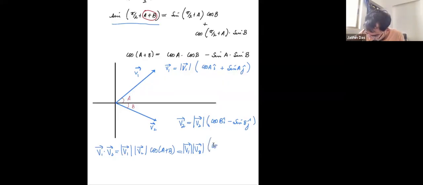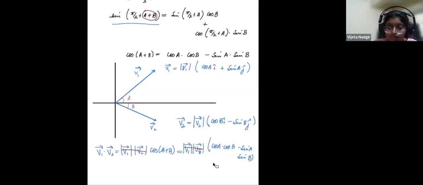So what is it? cos A cos B, and sin A into sin B will be minus sin A sin B. So this cancels, and you got the answer. So using vectors also you can do sin(A + B), that will involve the cross product. I'm not going into that. So you can prove it using vectors also. Clear? You want to take this down? Okay.